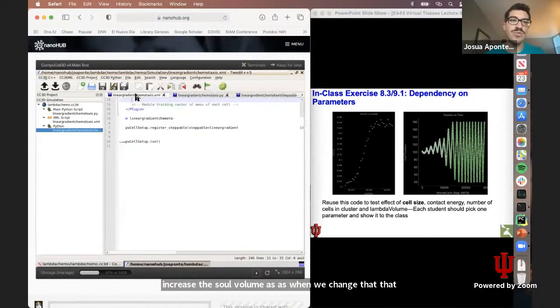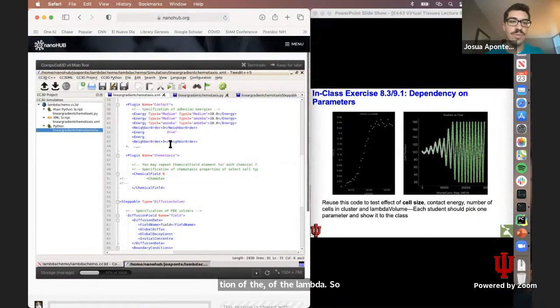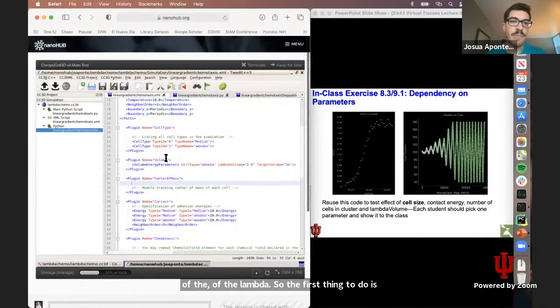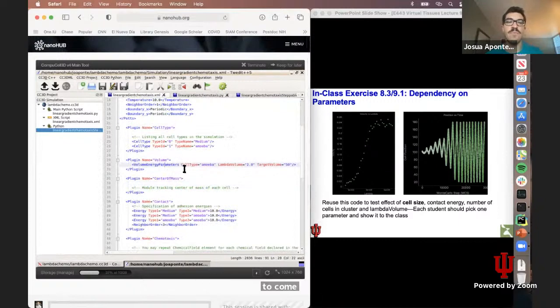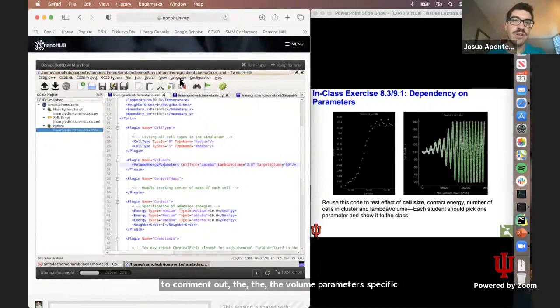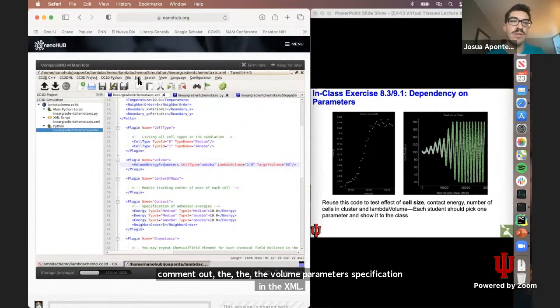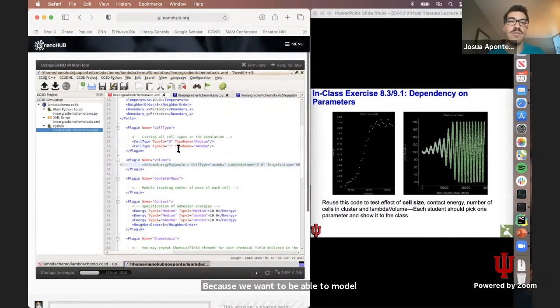So the first thing to do is to comment out the volume parameter specification in the XML, because we want to be able to modify it in the Python steppable.